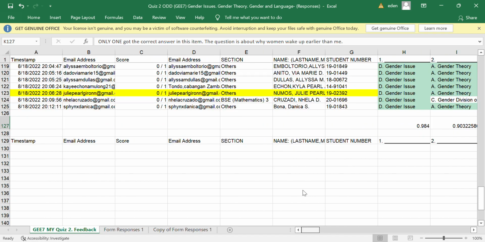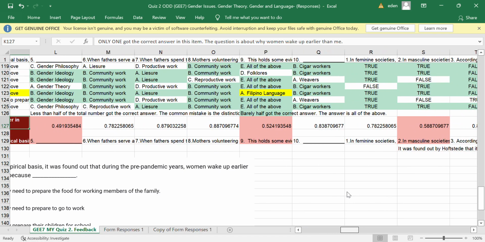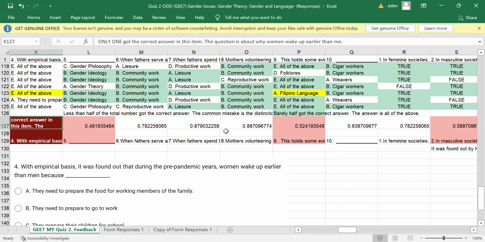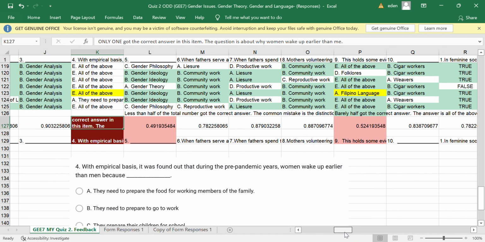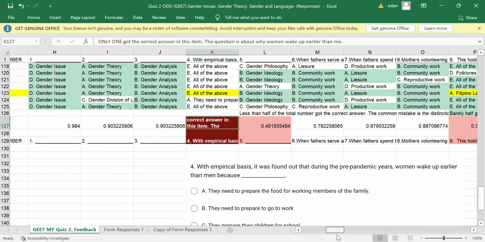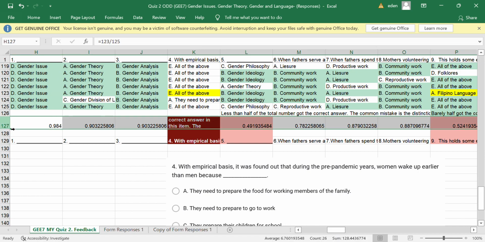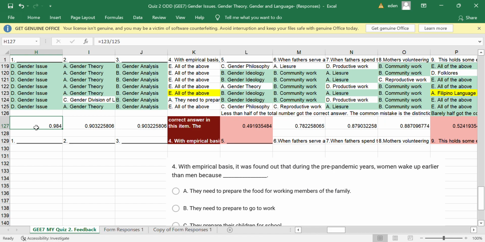And so, for want of material time, let us dive into the analysis. This represents the percentage of correct answers. The highest percentage is in item number 1.